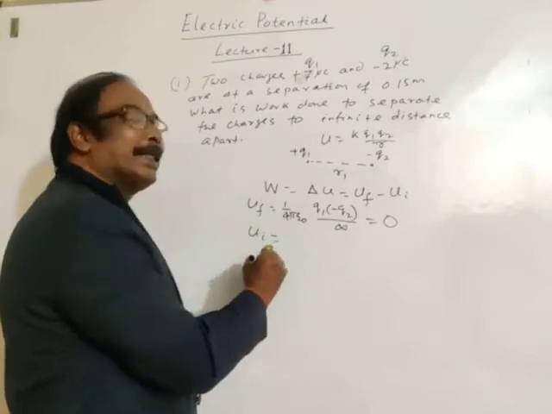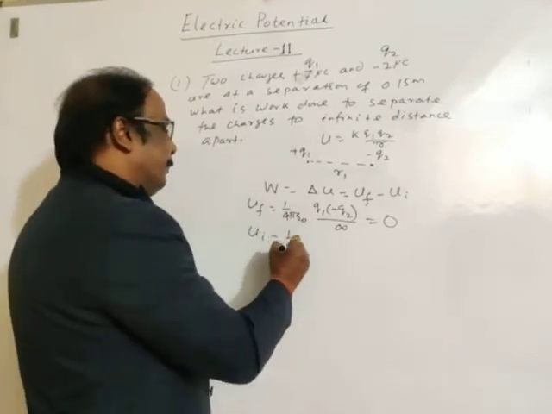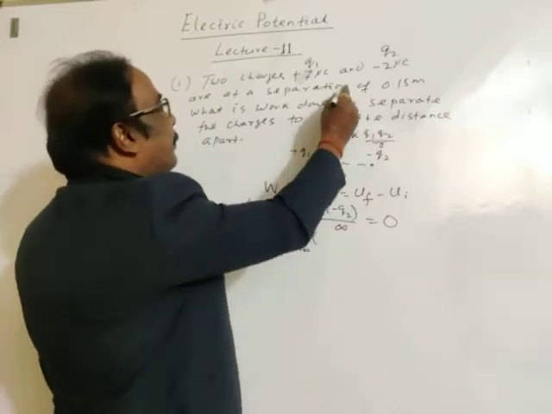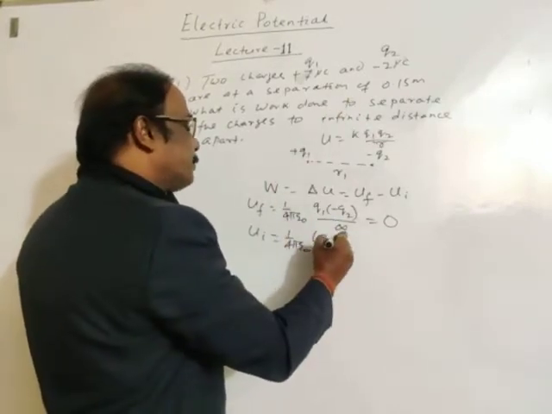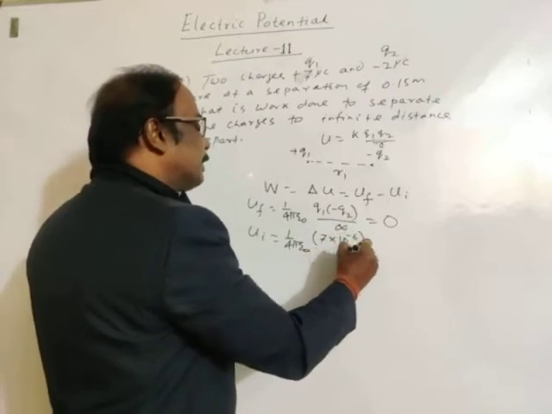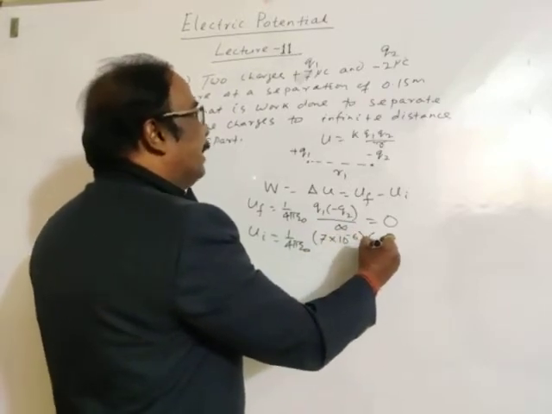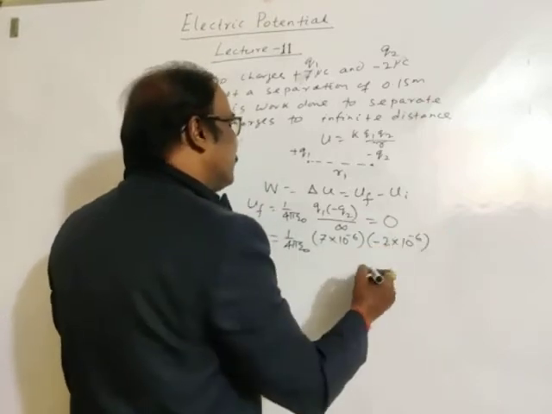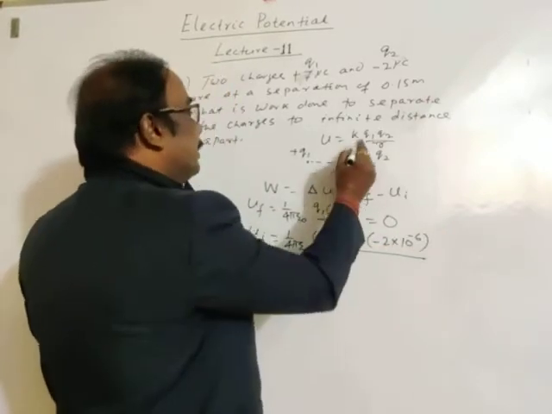The initial potential energy is K, 1 divided by 4 pi epsilon naught, times Q1, which is 7 into 10 to the power minus 6 coulomb, and Q2, which is minus 2 into 10 to the power minus 6 coulomb, divided by the distance.